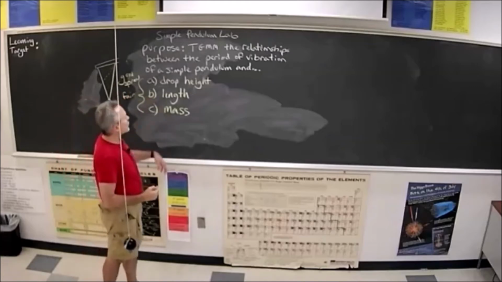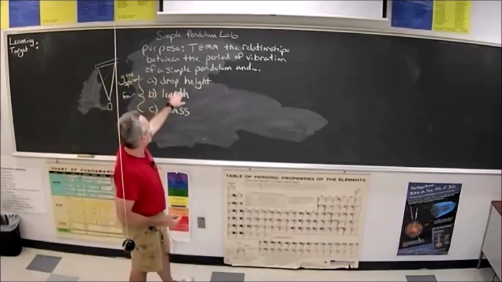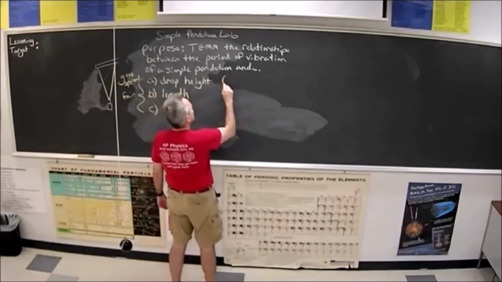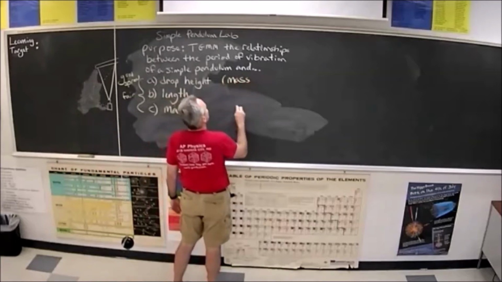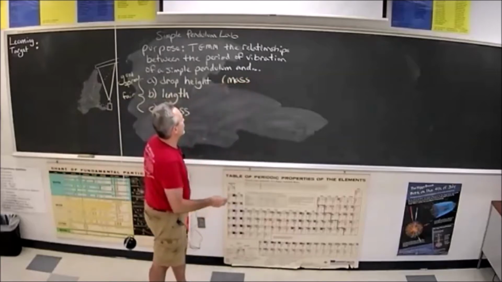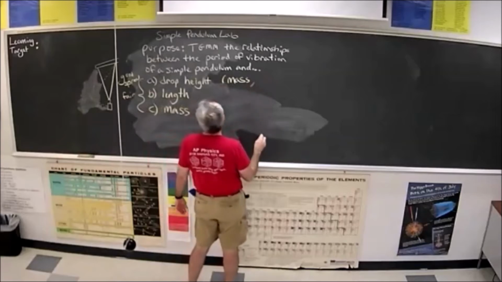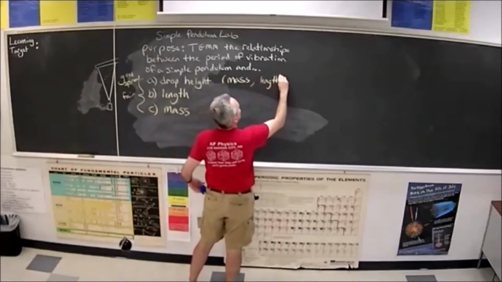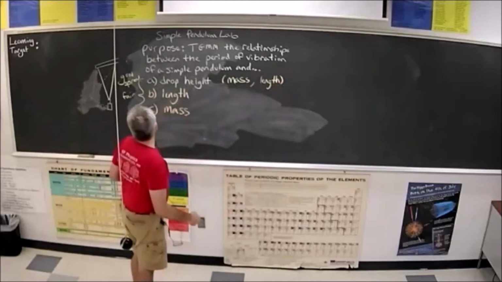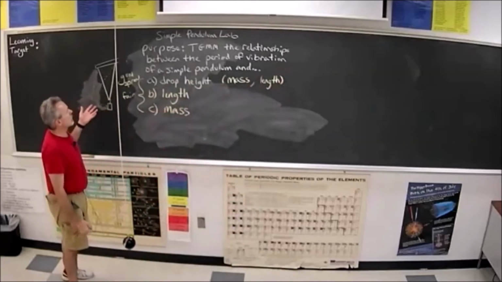So let's first of all talk about a fair test. For the drop height, that means that you need to make sure that the mass is constant, and you should record whatever that mass is, and you should make sure that the length is constant, and so you should record whatever that length is. Now, what does that mean in terms of the lab?